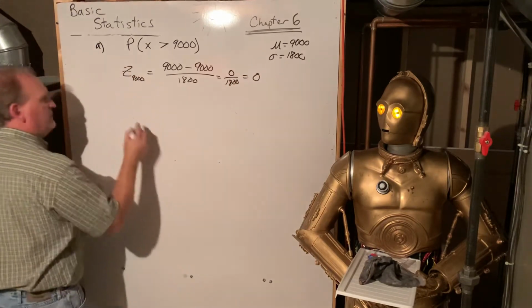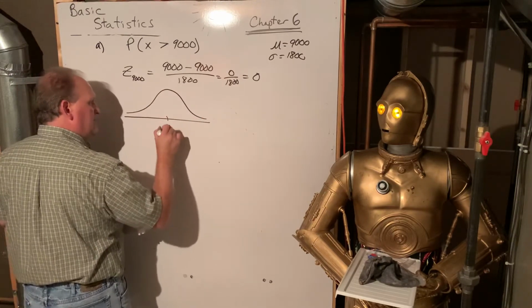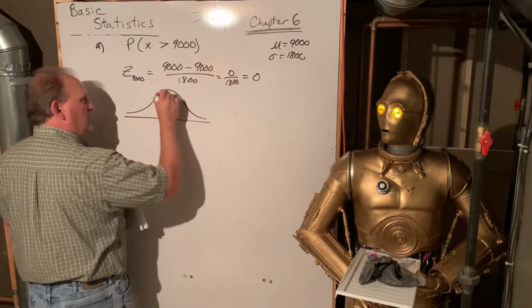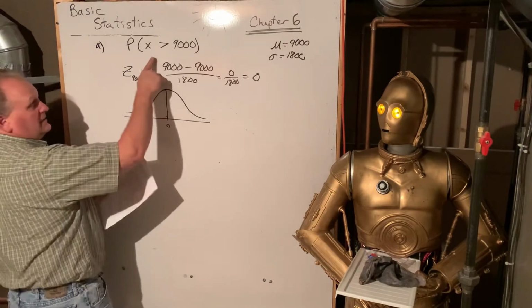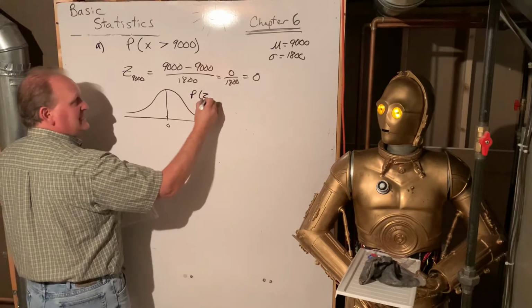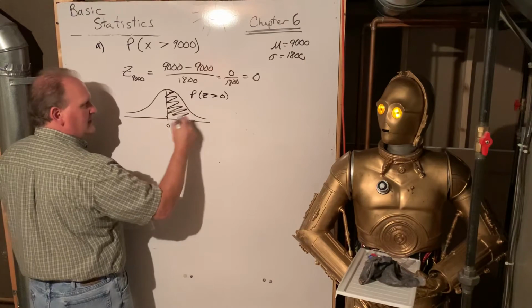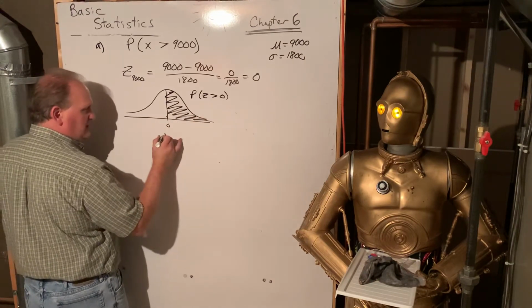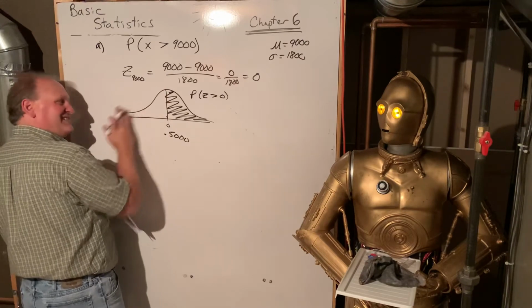And so if we draw ourselves a pretty picture, we've got 0. And they want to know above that, right? So we're finding the probability that z is greater than 0. Well, that's this area. But when you look that up on the chart, that's 0.5000. That's actually this area. It's from there down.